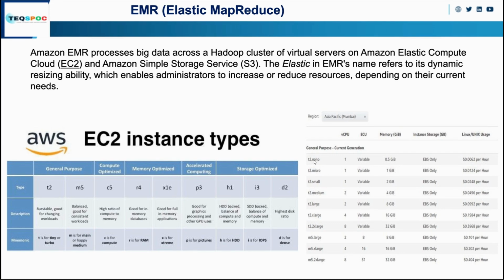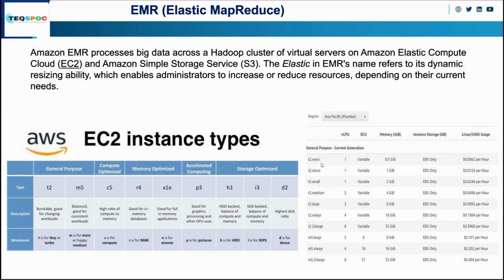For each different class or kind, there are different sorts of cluster resources. And as you gradually shift from nano to small to medium to large, you will see an increasing amount of cluster resources such as CPU and RAM, and the cost also increases, right? So you have to pay that much.